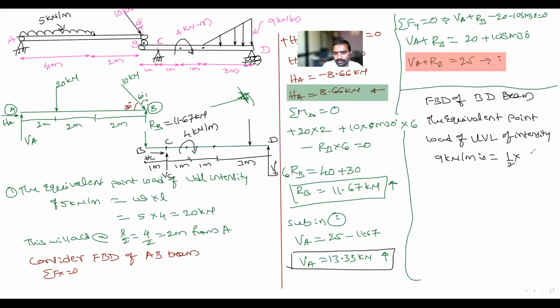Base is 3 meter, height is 9. So it is 27 by 2 kilonewton, that is 13.5 kilonewton.